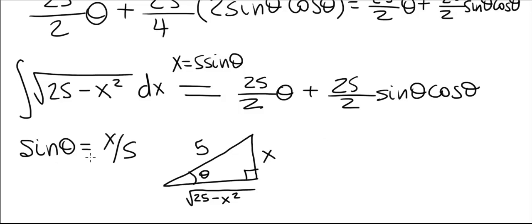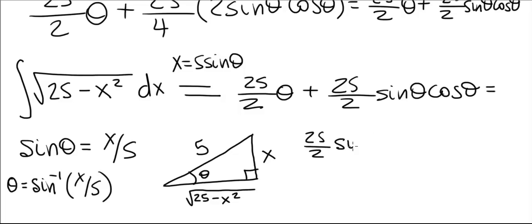Now from this definition, sine theta equals x over 5, applying inverse sine to both sides, we get that theta is inverse sine or arc sine of x over 5. And so our final answer now in variable x is 25 over 2 theta, which is inverse sine of x over 5, plus 25 divided by 2 sine theta.